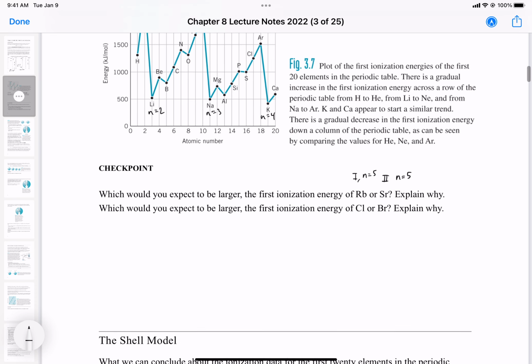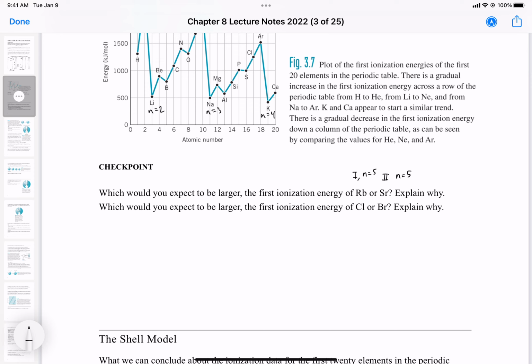So when they're right next to each other, remember when we go from left to right, we're going to see an increase in ionization energy.